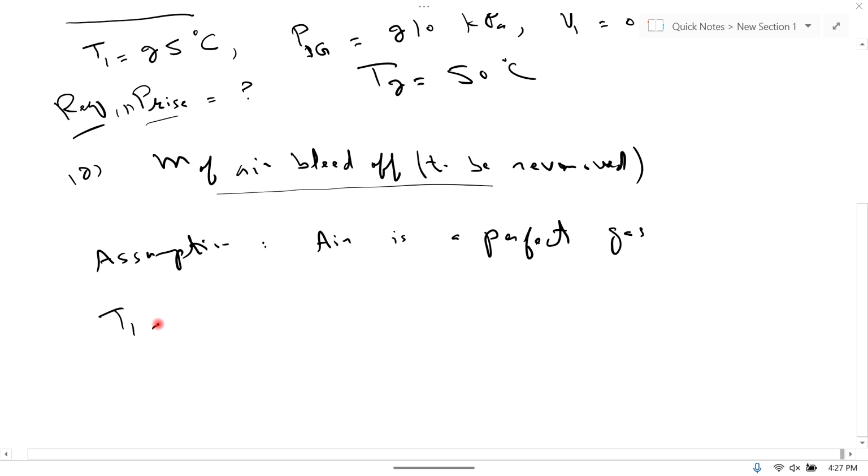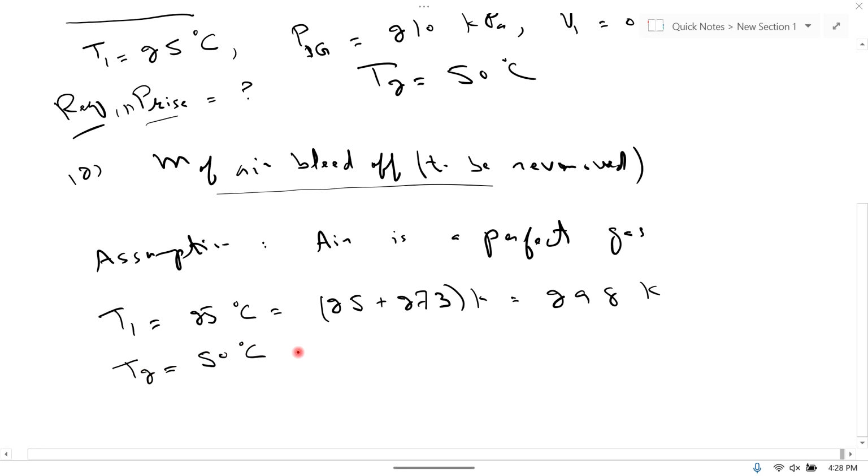T1 is equal to 25 degrees centigrade, which is 25 plus 273 Kelvin, equal to 298 Kelvin. T2 is 50 degrees centigrade, which is 50 plus 273, equal to 323 Kelvin.